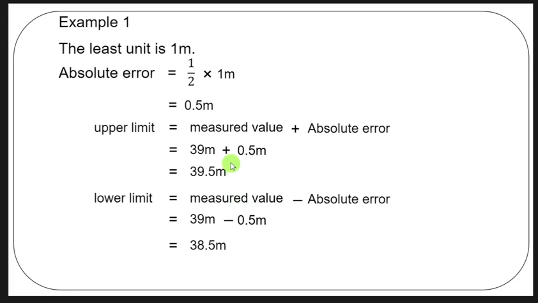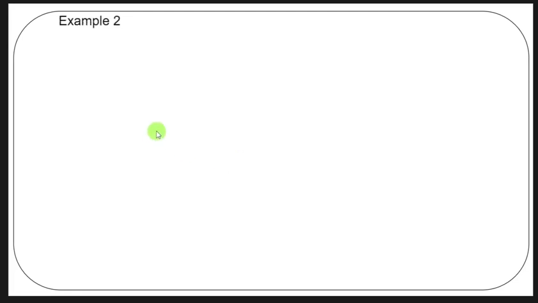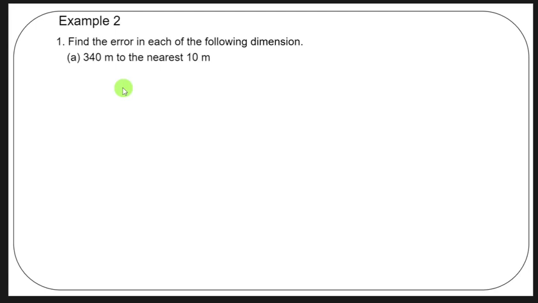All right, so let's look at example 2. Example 2 says, number 1, find the error in each of the following dimensions, where we have A, 340 meters to the nearest 10 meters, then B, 4.56 centimeters to the nearest centimeter, then C, 15 kilograms to the nearest kilogram.